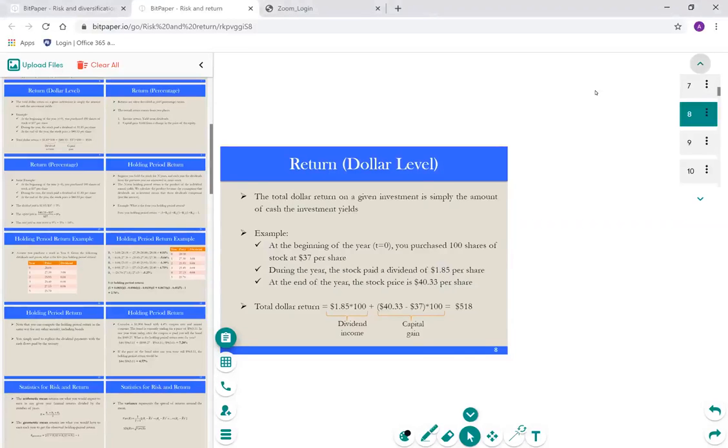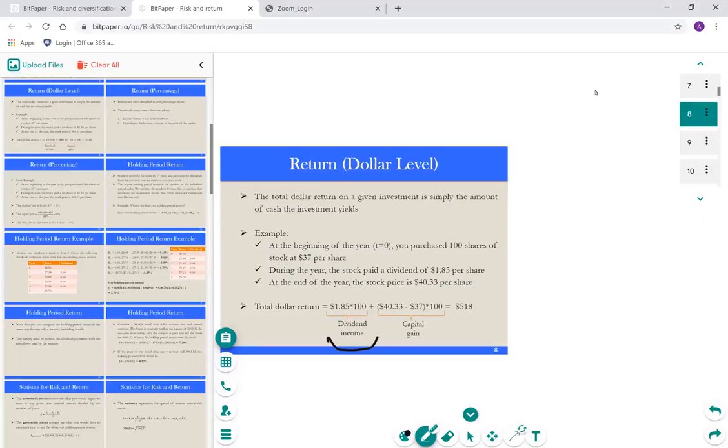And so the stock returns, if you're the owner of a stock, that entitles you to a couple of different things. You get to earn some dividend income. So if you own the stock over the course of the year, you can earn a dividend over that year. That's extra cash that the firm has, which they decide to pay out to shareholders.